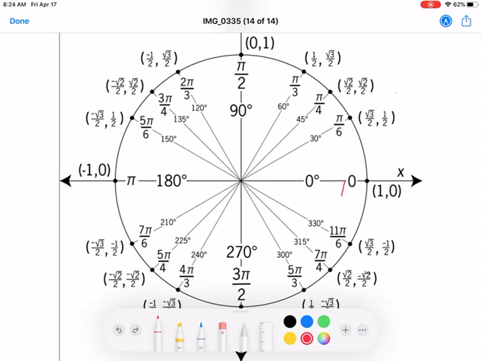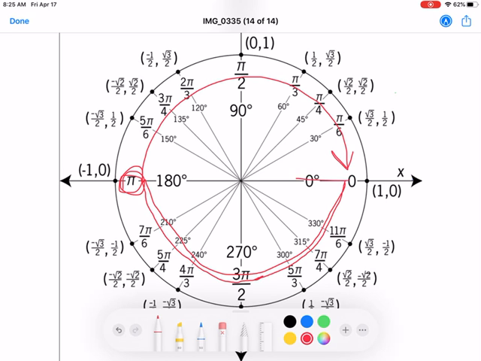Now watch this. And it says 2 pi. Sorry, that's negative 1/2 pi. Up to here, that would be negative 1 pi. So halfway around the circle, pi is 180 degrees. That's 1 pi. So to get 2 pi, I have to go the other half.